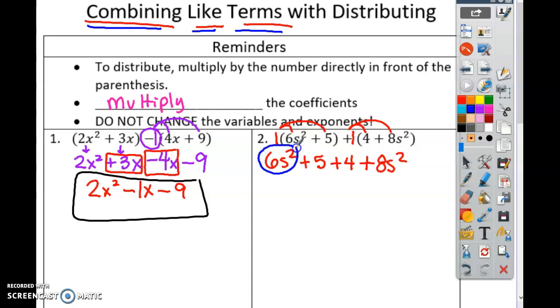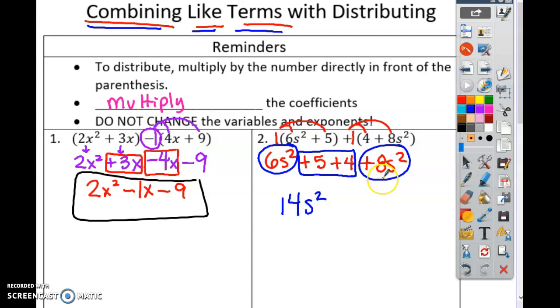Which ones look alike? The s squared with the s squared and the number with the number, right? So these two, you're going to add. What's 6 plus 8? 14. 6, 7, 8, 9, 10, 11, 12, 13, 14. 14s squared.